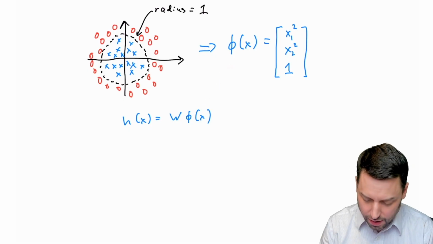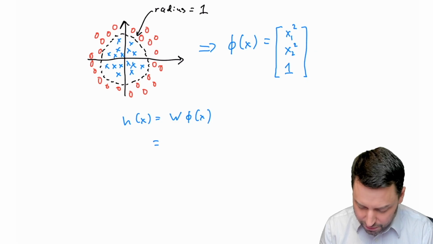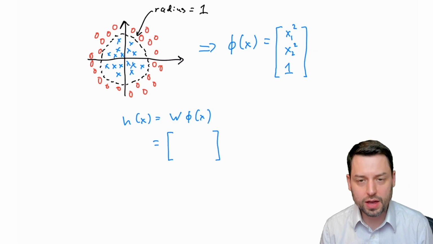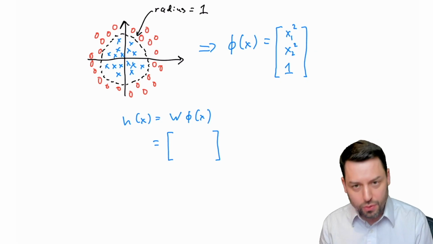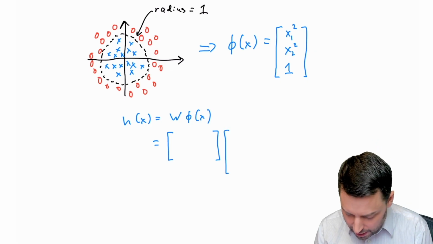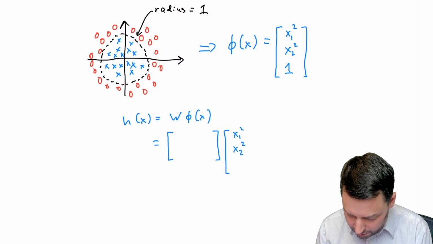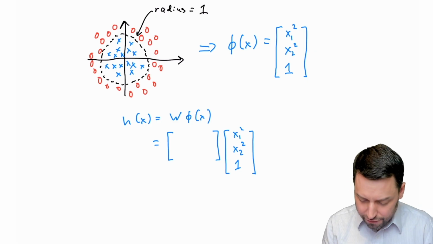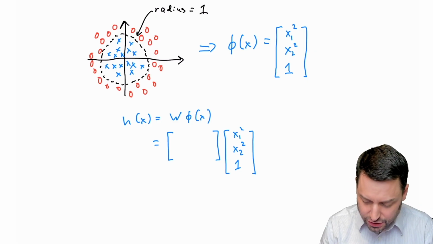What that is equal to is some matrix, in this case a 2 by 3 matrix, times x1 squared, x2 squared, and 1.